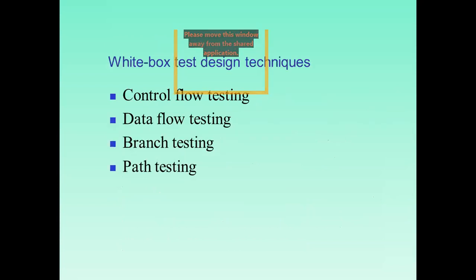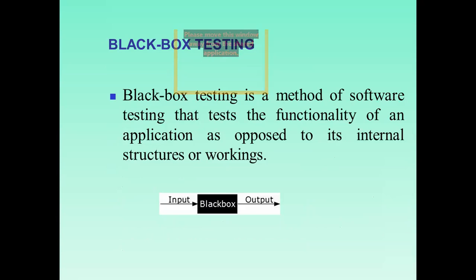So after the white box, you are already aware of the black box testing. What is the black box testing? Black box testing means you just apply the input, and see what the output is corresponding to this input, and what is inside acts as a black box, meaning we are not aware what is going on inside, but we just test the functionality of an application as opposed to its internal structure or working.